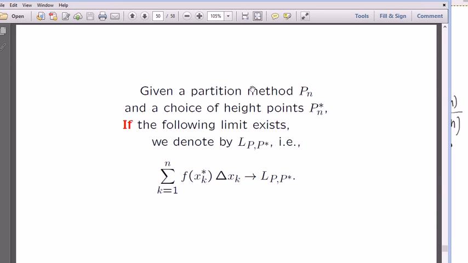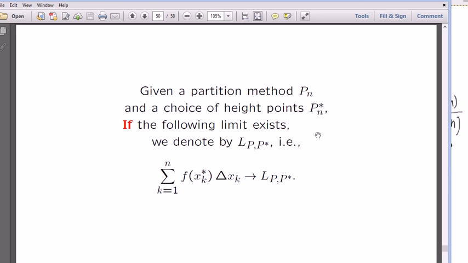Given any partition, any choice of height points, we consider this one. All you have to change is the n value, right? What's going to happen to this limit? If it exists, that limit value is going to be denoted L subscript P, P star. If I give you a different partition and different choice of height points, this might go to a different value, right? So you have to use L subscript Q, Q star if it is a different partition.